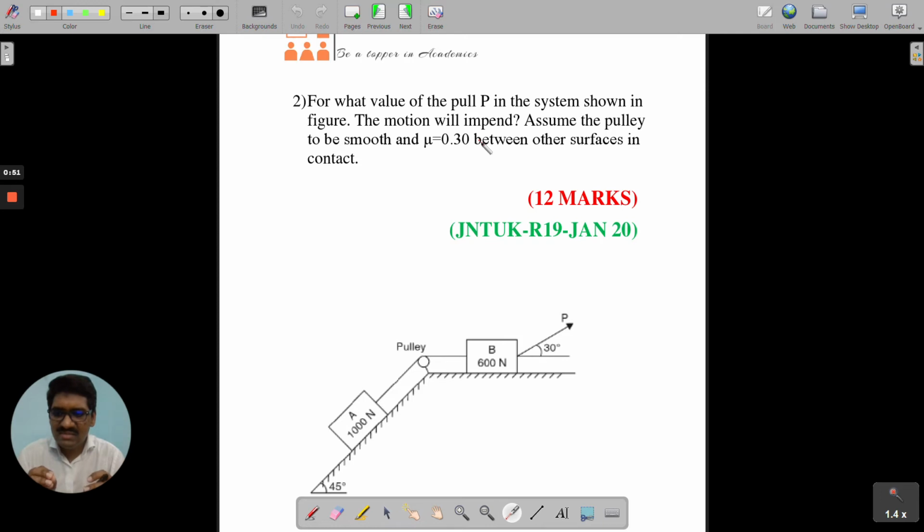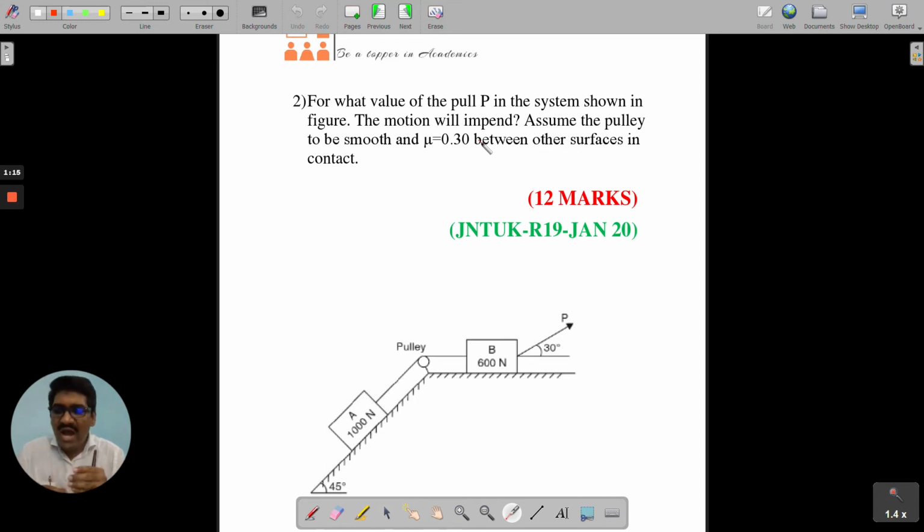Impending means about to slide or ready to slide. How much force do we have to apply to just start sliding but not sliding? There is a lot of difference between about to slide and sliding. About to slide or ready to slide is always called impending motion.